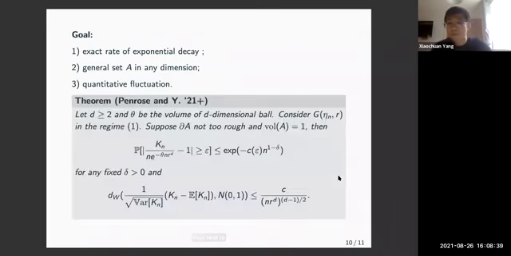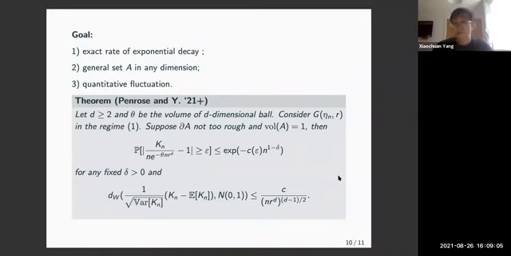And we will achieve these goals with the theorem. Here we consider dimension 2 or higher, and theta, recall, is the volume of the d-dimensional ball, and we consider a random geometric graph with n points uniformly sampled from this set A and radius r, satisfying this intermediate regime 1.